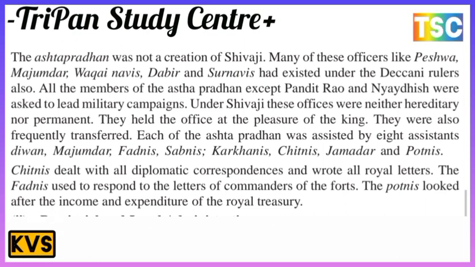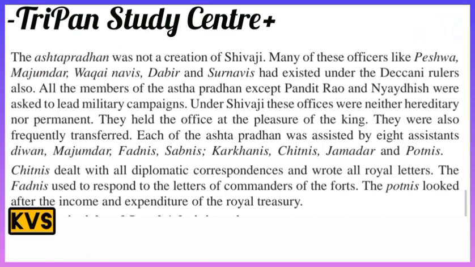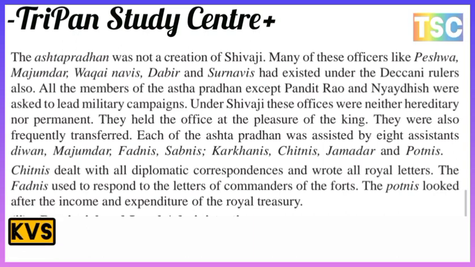Each of the Ashta Pradhan was assisted by eight assistants: Diwan, Mazumdar, Fadnis, Sabnis, Karkhanis, Chitnis, Jamadar and Potnis. This is important, as they worked under the control of the Ashta Pradhan. Chitnis dealt with all the diplomatic correspondence and wrote all the royal letters. Fadnis was responsible for the letters of the commanders of the forts.